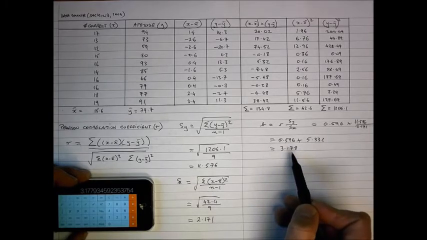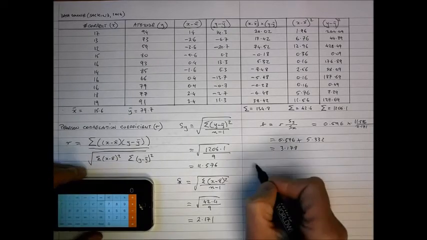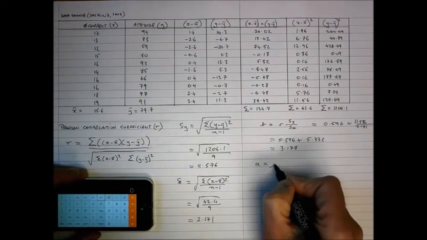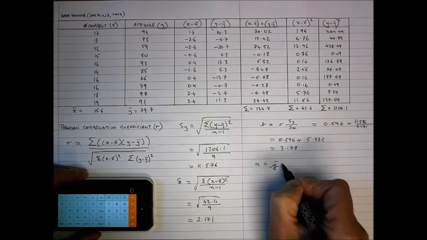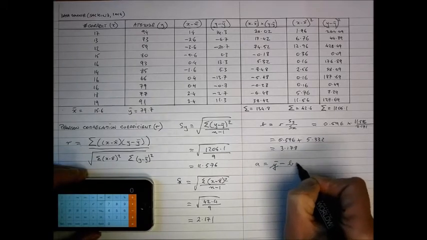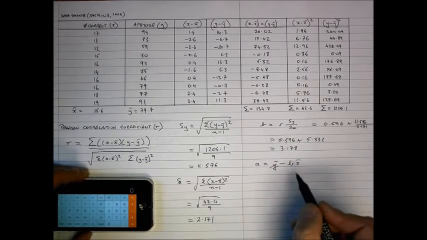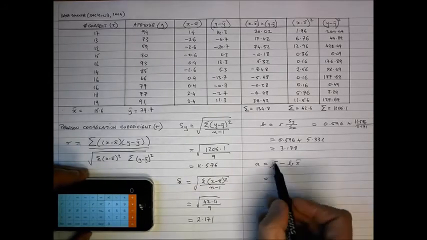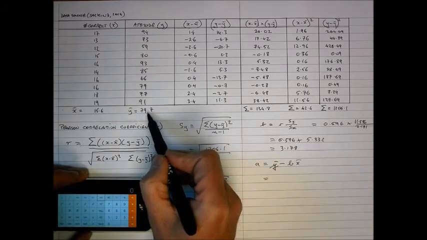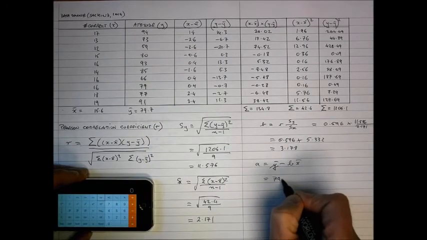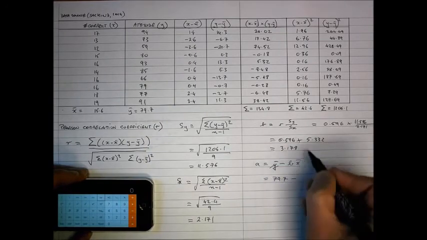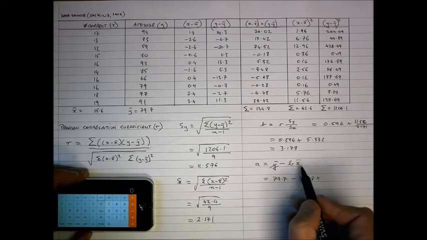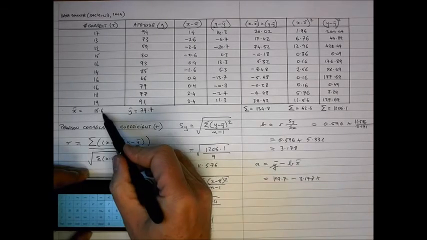Now I'm able to go and calculate the y-intercept. Remember, the y-intercept, designated as a, is equal to the mean of y minus the slope times the mean of x. We've already got some of these values, so let's plug them in. The mean of y is 79.7, minus b, which I've just calculated, 3.178, multiplied by the mean of x, which is 15.6.